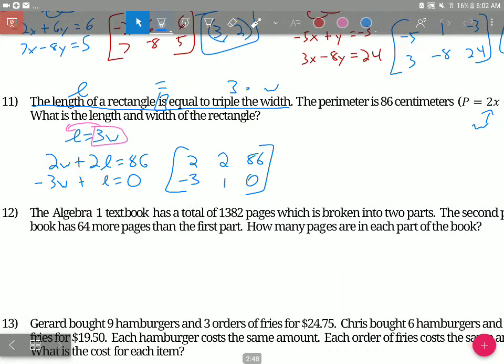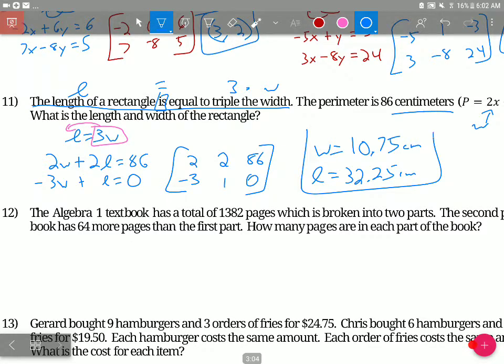So width equals 10.75, length equals 32.25 centimeters, because these are in centimeters.